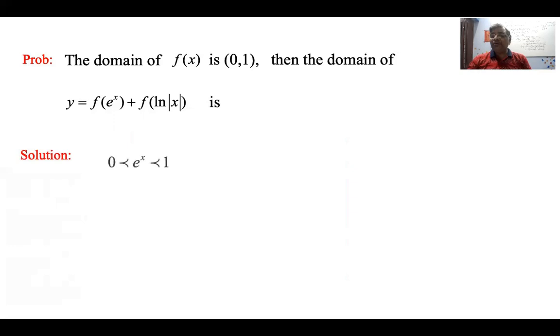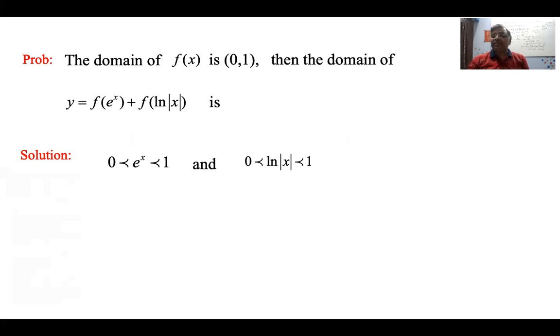Therefore, e power x must be in the interval 0 to 1 and log mod x also must be in the interval 0 to 1. Right? Then only those functions can be defined. That is, e power x is playing the role of x, so it should be in the interval 0 to 1. Here, log mod x is playing the role of x, and that is also in the interval 0 to 1. So satisfying these two conditions, what are the possible x's?